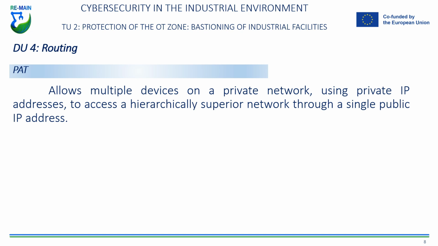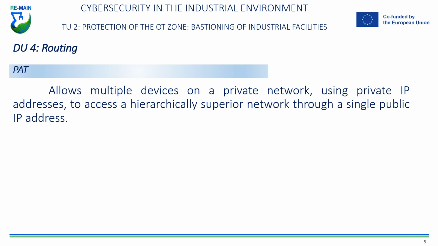It is worth mentioning that the PAT technique is similar to NAT, network address translation, although NAT translates a private IP address into a public IP address, while PAT translates a private IP address and port number into a different public IP address and port number.